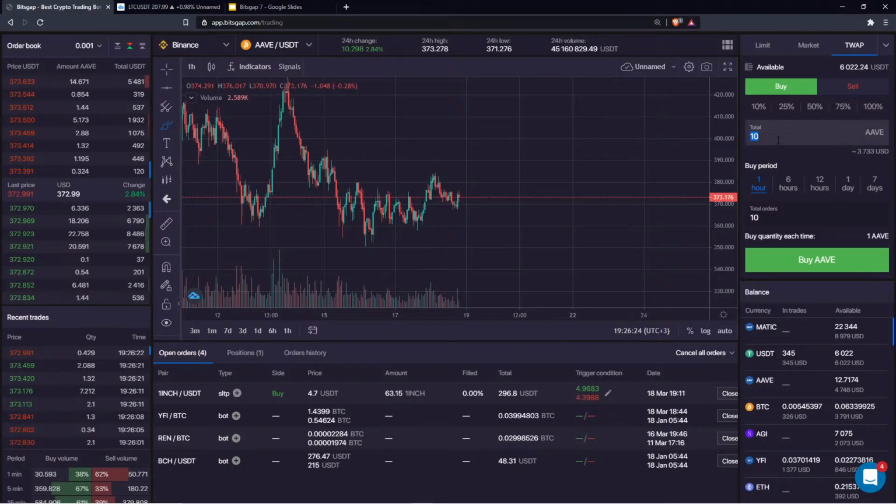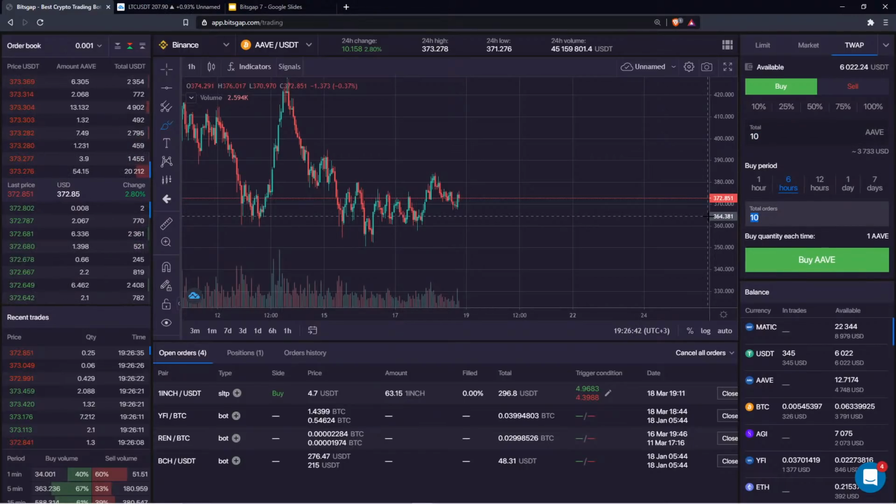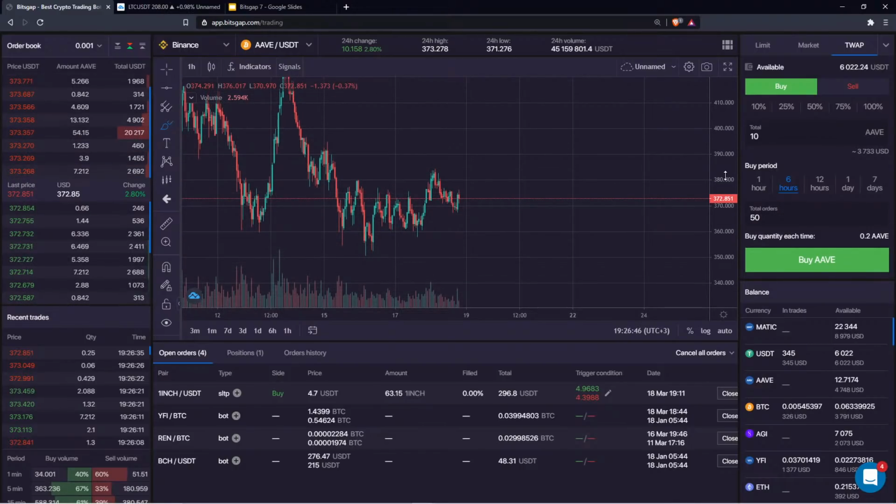So it will split this buy trade across multiple buy orders, and you also set the buy period. Let's say you want to buy 10 Aave within the next 6 hours using 50 buy orders.